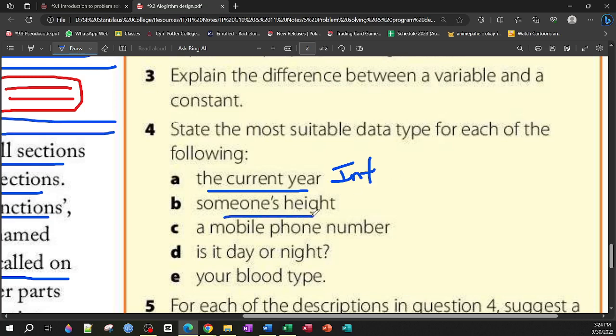Somebody's height. Real or double? Real. Because that's going to be a decimal number. Now, this one here, somebody's phone number. Before you answer, think back to database. What I would have told you.